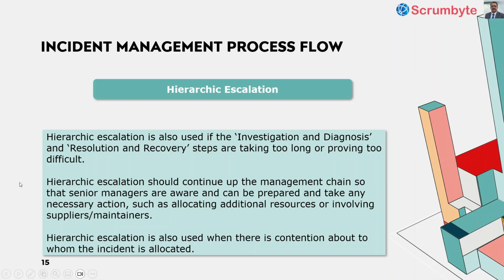Maybe the vice president of your company needs to talk to their vice president and say, hey, this is what's happening, it's creating problems and we need more time. So there is some kind of hierarchical escalation to make sure that if you are stuck somewhere for whatever reason while trying to resolve an incident, all the proper people are brought into the picture and they also become accountable.